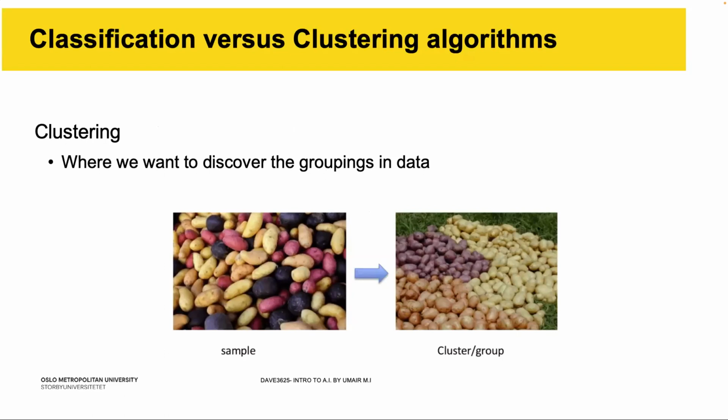Now, why is it clustering here? Clustering is the opposite of classification, in non-supervised machine learning. We're talking about supervised machine learning, and in supervised machine learning, there's classification.